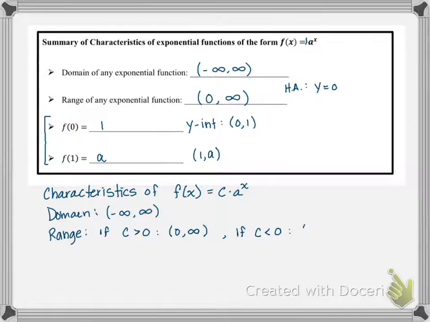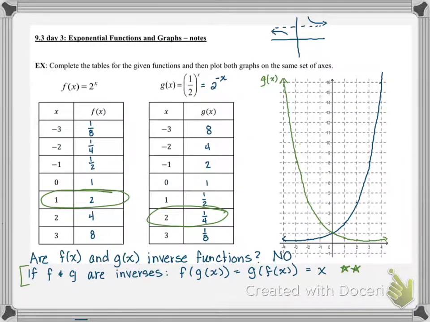So that'll just be from negative infinity to 0. So on the graph, that would just have the effect of flipping that green one over, so you're just coming up to 0 rather than coming down to 0.